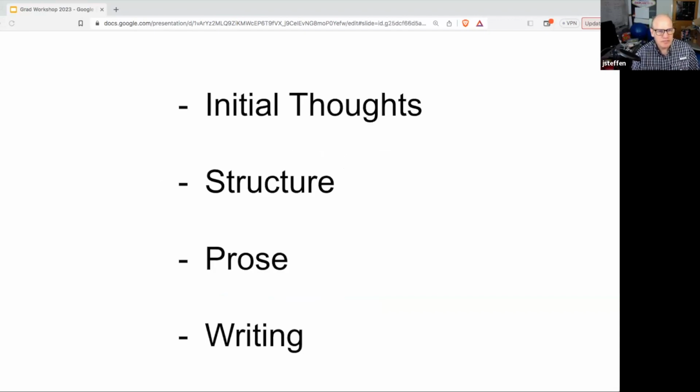So I'm going to give some initial thoughts and then focus on the structure of the paper, and how to write it, like what order I do things in, or rather, what order I now tell my graduate students to do things in, because most of my papers since coming here have been written by my graduate students.